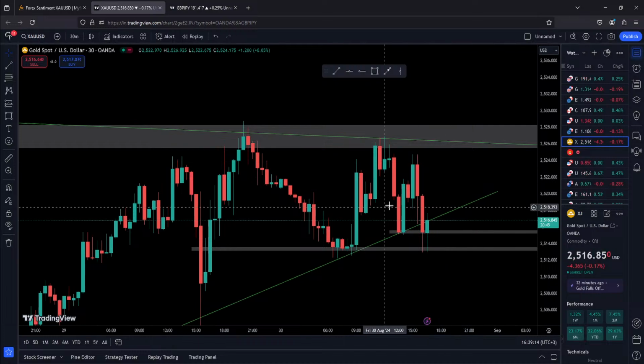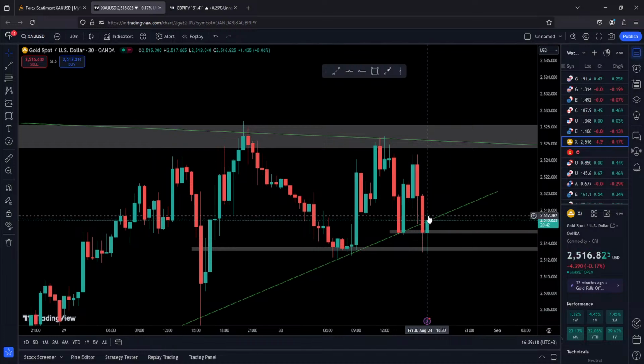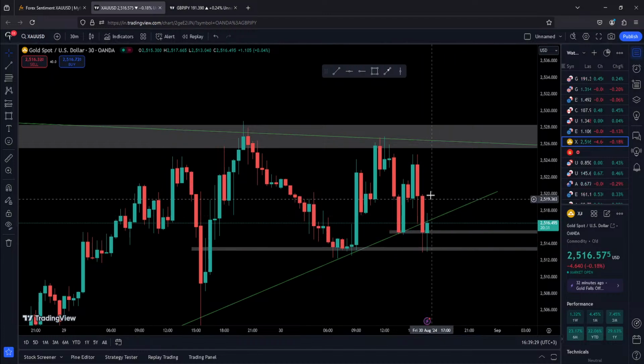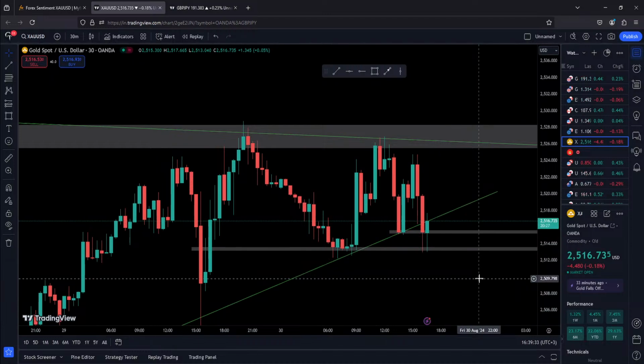But the main thing is that if this candle closes back inside the range, I'm going to take buys. I'm not going to take buys with my one lot. The reason is the market can get stuck somewhere in between and then start to go back down, which I really don't want.